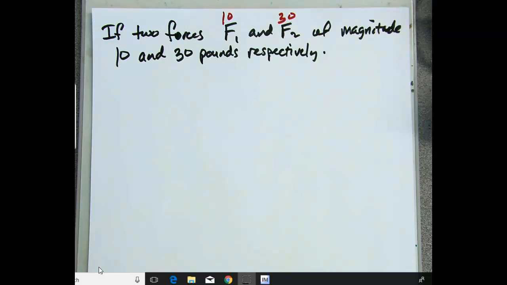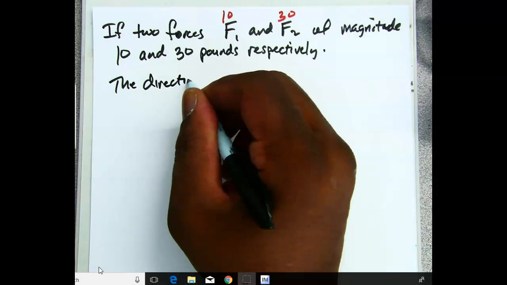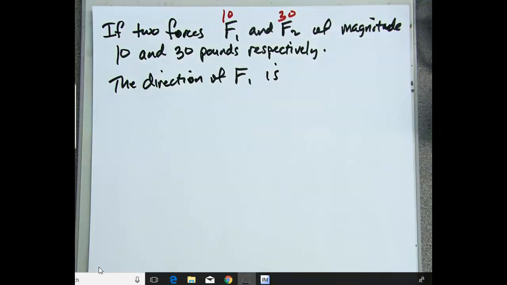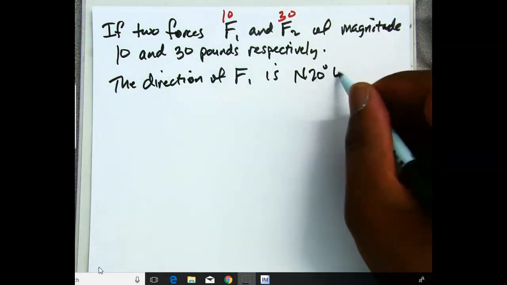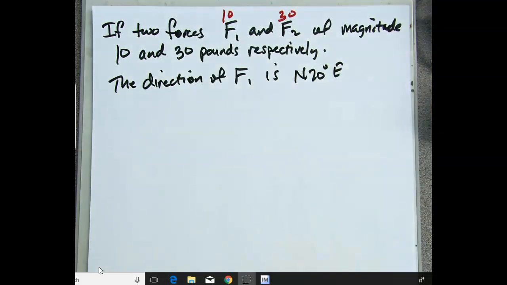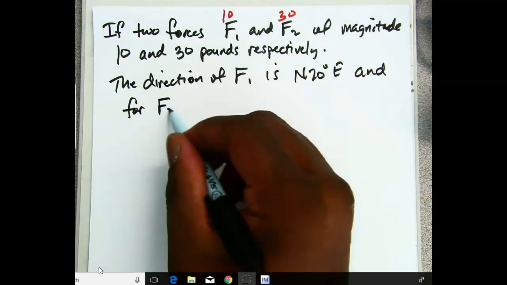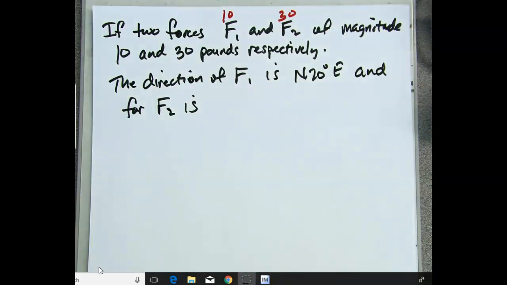The direction of F1 is north 20 degrees east. And for F2, that one is north 65 degrees east.